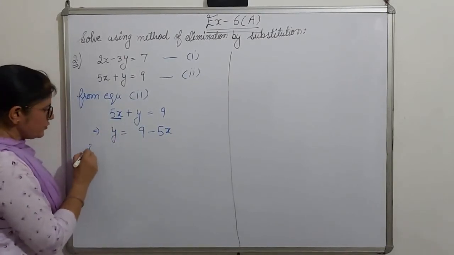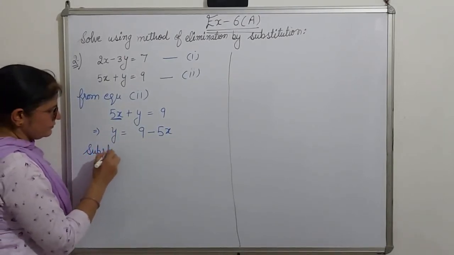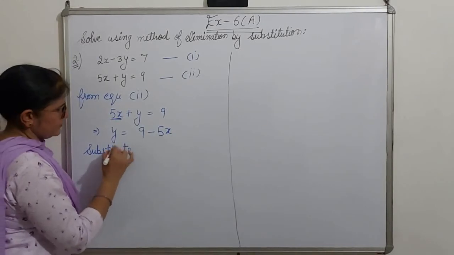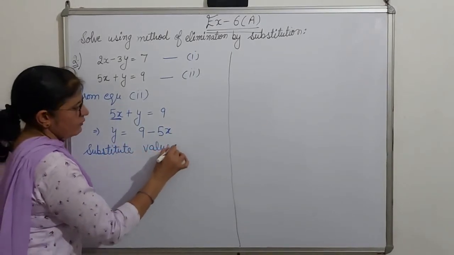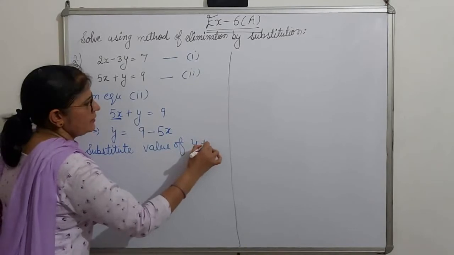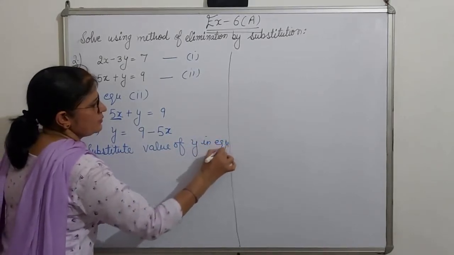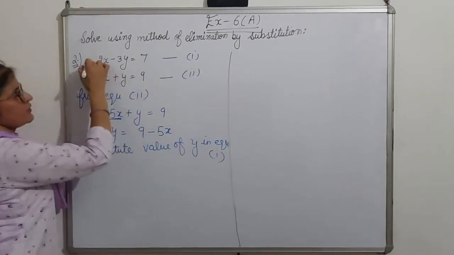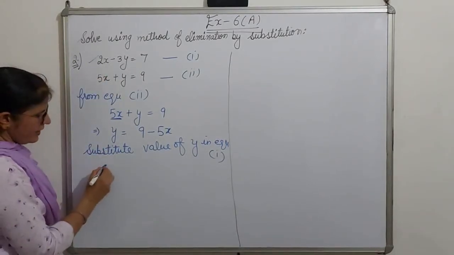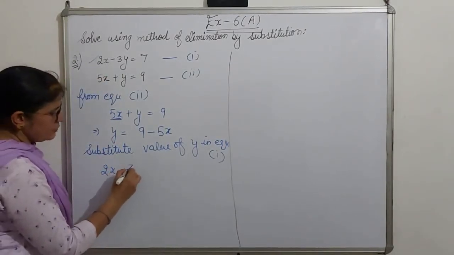So substitute value of y in equation first, this equation. So 2x minus 3, y.